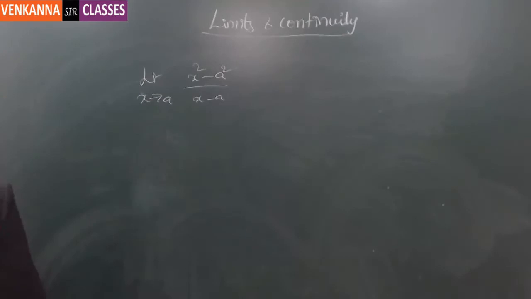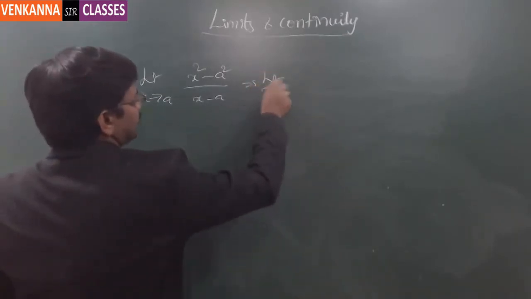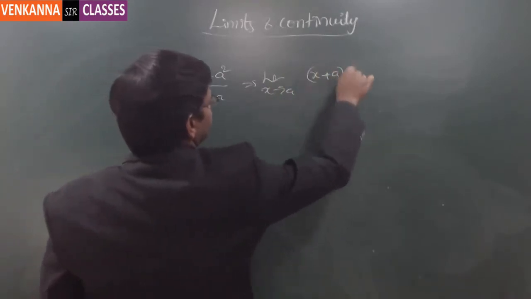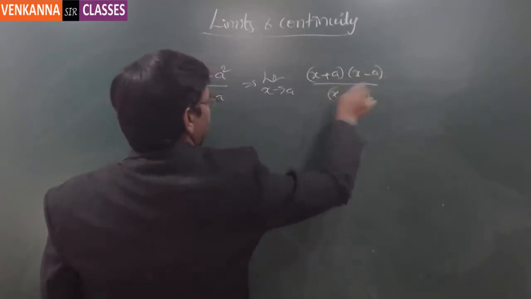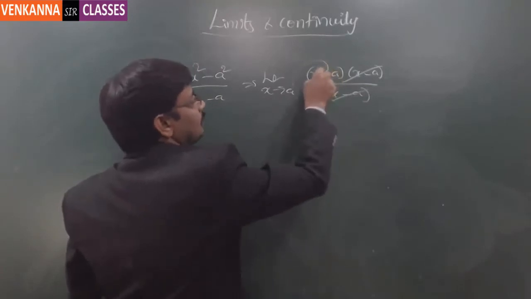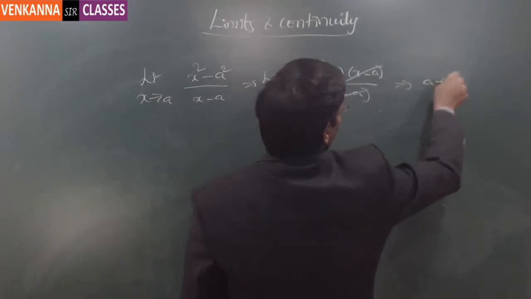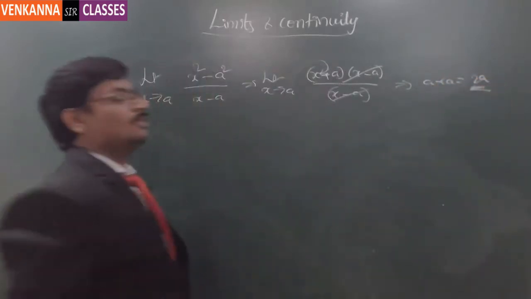So almost everybody got it, right? So this is limit x tends to a. This can be written as x plus a into x minus a divided by x minus a, and these two will cancel out. Then you can substitute the value of a in the place of x. Then this will be a plus a. This is 2a.